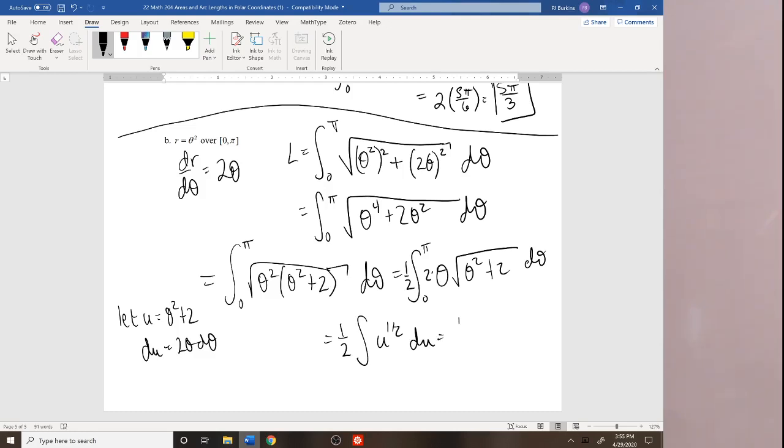So this is going to be 2/3 u to the 3/2. Plug u back in.